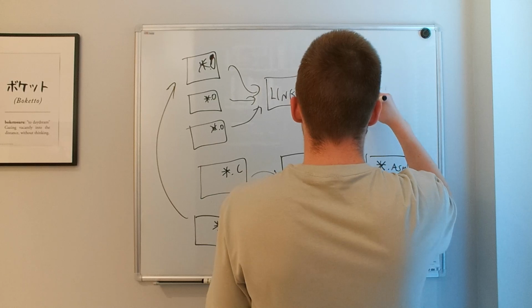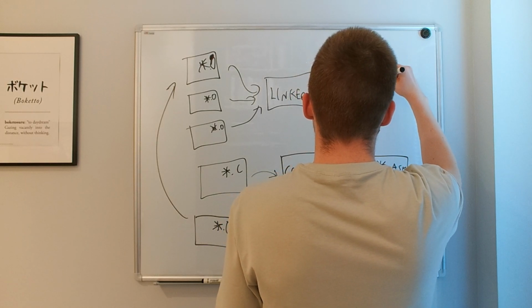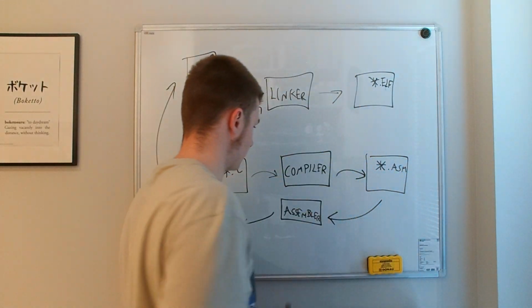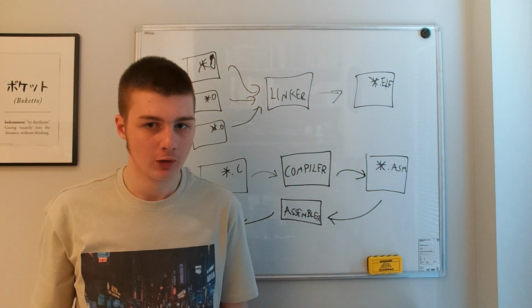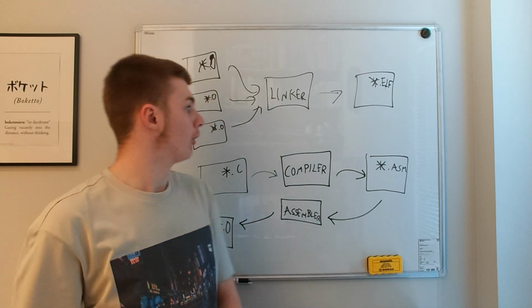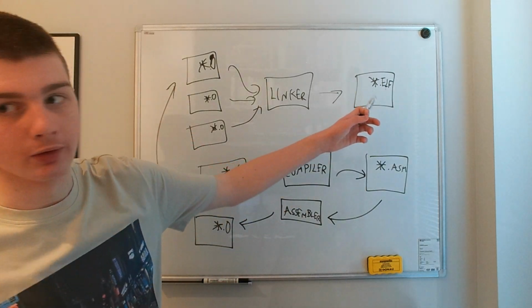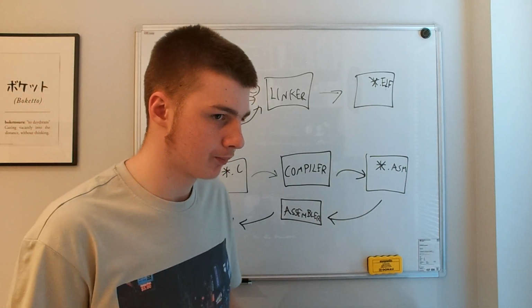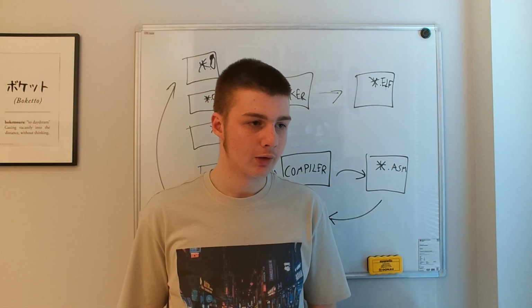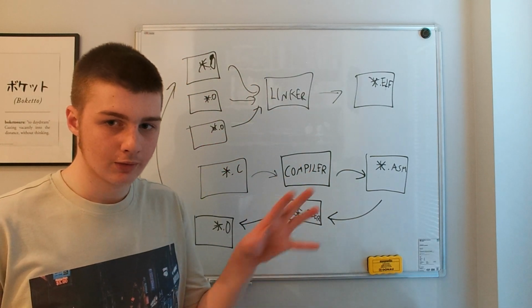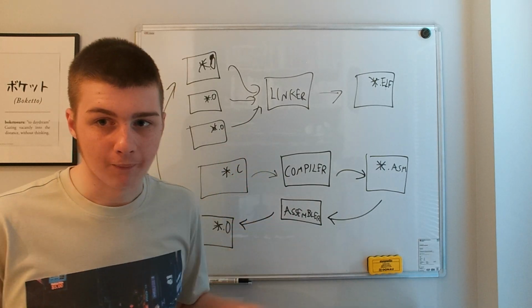So let's say we have an ELF file here. ELF stands for Executable and Linkable Format. Those object files are still in ELF, though they have a couple of different parameters. Again, I'll talk about that later in this video.